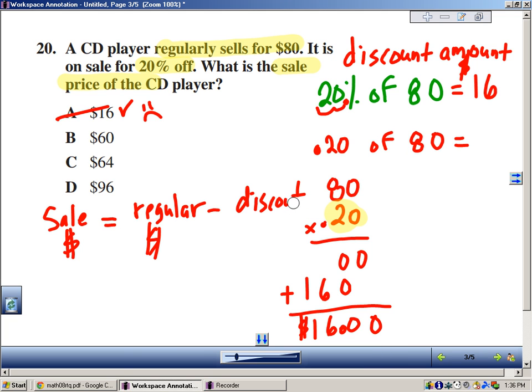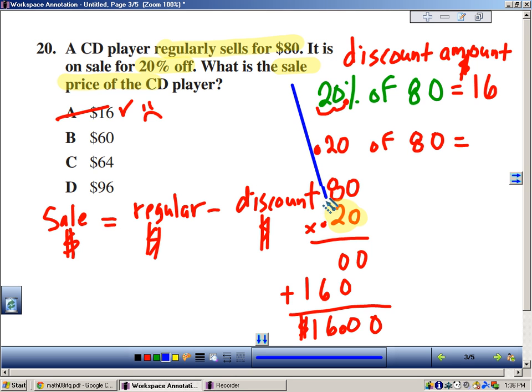Oh, just missed out that. So we're just creating a barrier here. Okay. Sale price, don't know it. Regular price, do know it, $80.